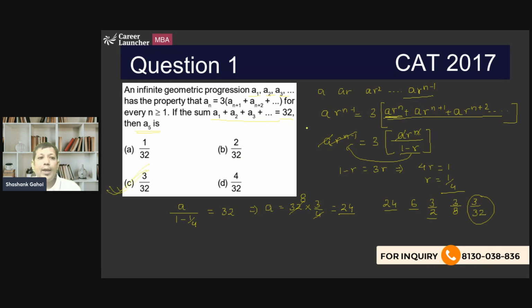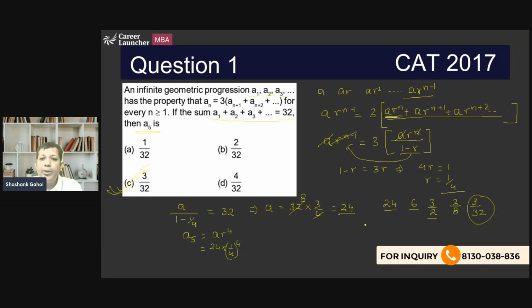Now, you might ask why I'm not using the formula that A5, the fifth term, is equal to AR power 4. Yes, we can definitely do that. We can say it is 24 into 1 by 4 power 4. Can we do it? Yes. What's wrong with it? We can definitely do it.